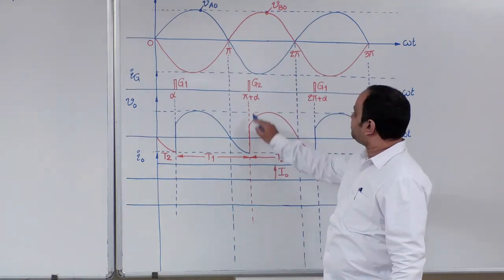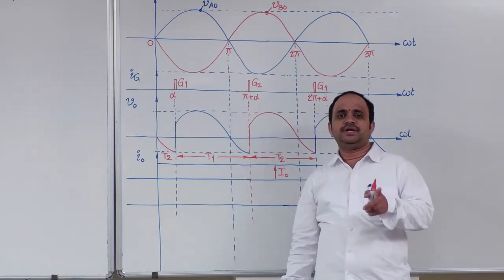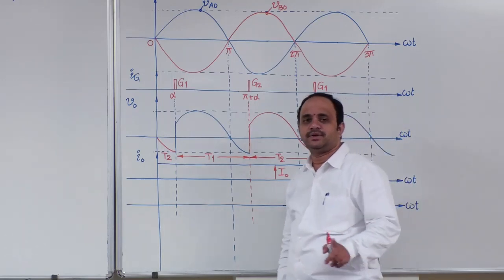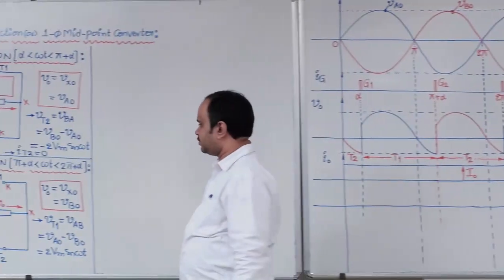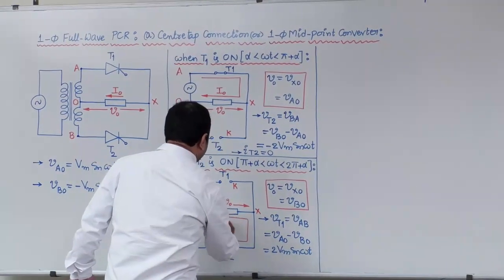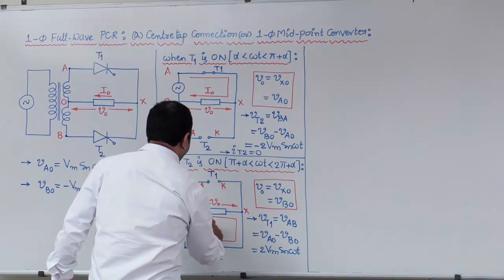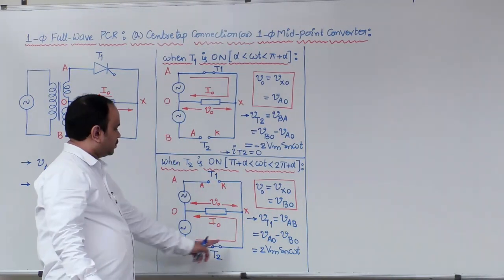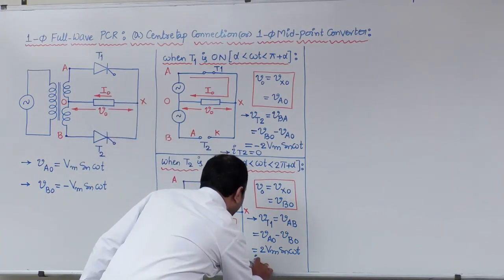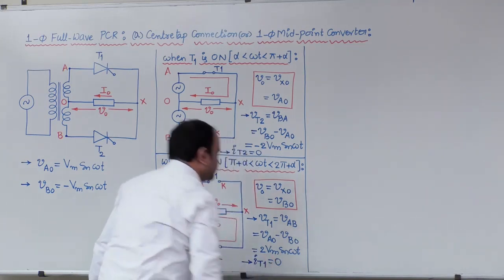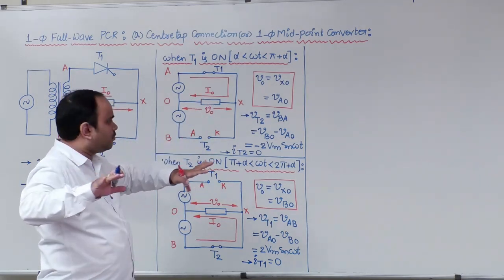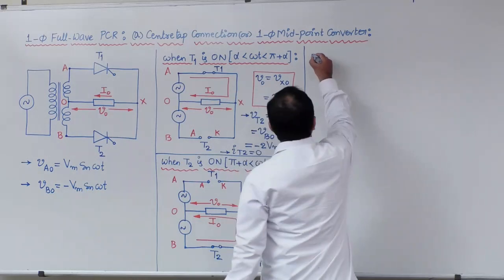Hence, at pi plus alpha, whenever T2 is triggered, T1 voltage is negative. Hence it is reverse biased. Now, if you look into the current path, load current will flow through T2 device like this. Therefore, the current flowing through T1 device is 0.